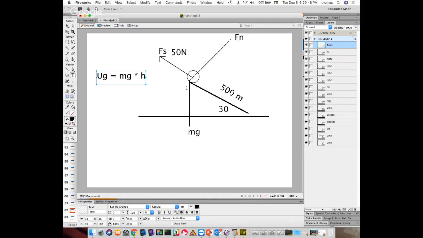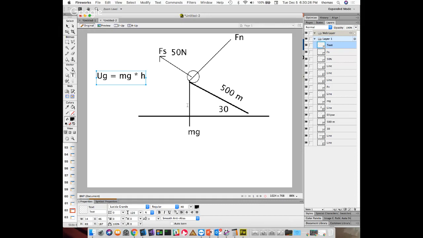So if you look at SOHCAHTOA, it's probably going to be sine, because you've got a rise over the hypotenuse.